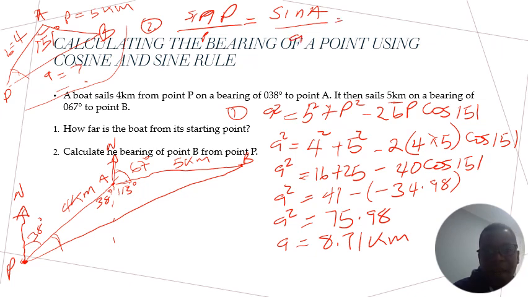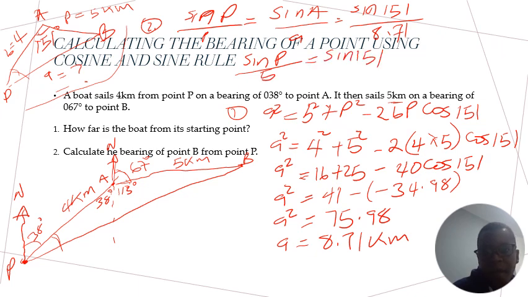But sine A, we know that is sine 151 over 8.71. And we know that sine p over small p, we know it's 5, will be equal to sine 151 over 8.71.